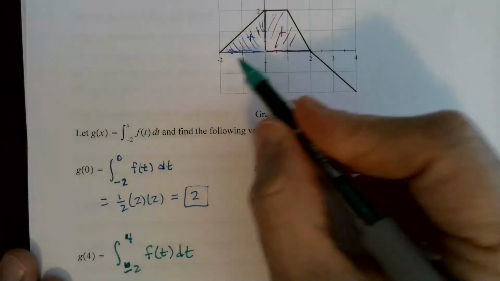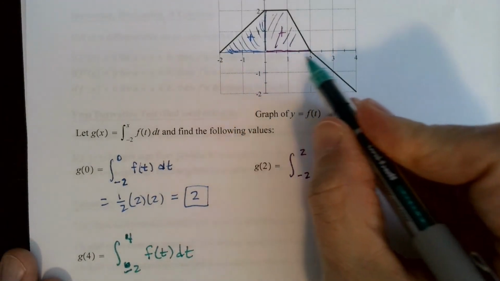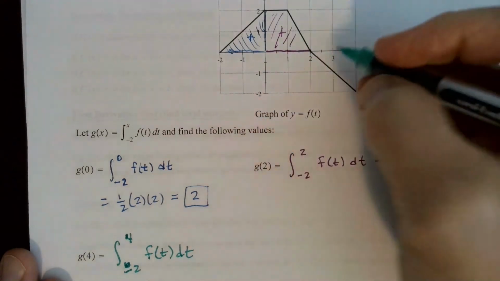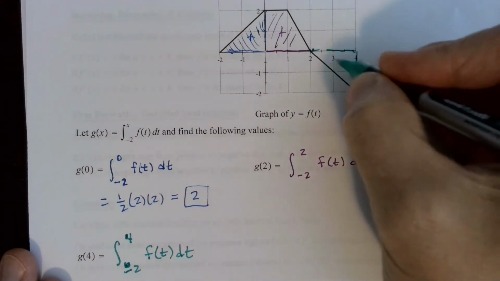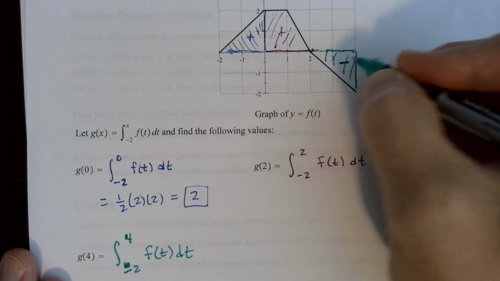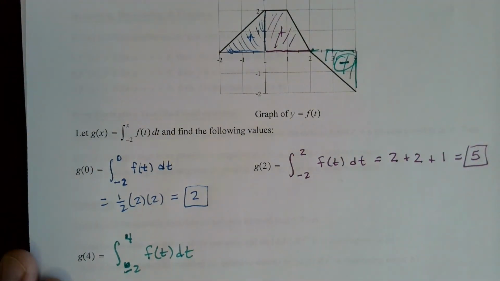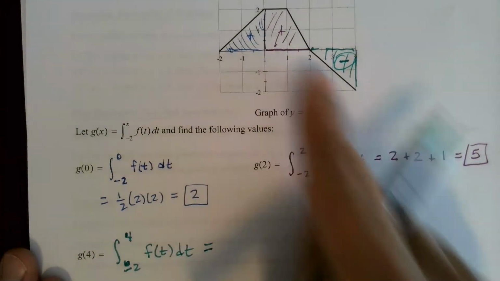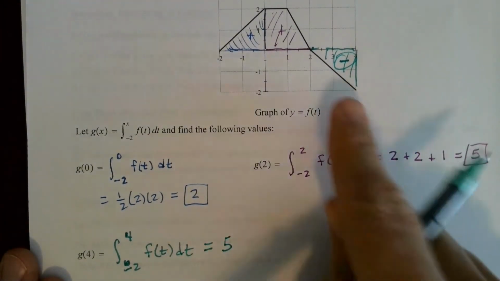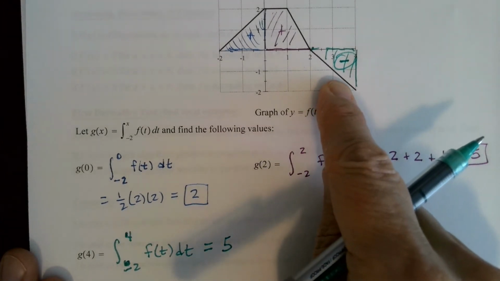Okay, so obviously going from -2 all the way to 4, we've got all this area we've already found, but plus I'm going to go all the way to 4, but notice the function's below, and so now this region is negative area down here. And so from -2 to 2, we already know is 5, so we've got the 5, and then I'm going to subtract this area, right? Which is what?